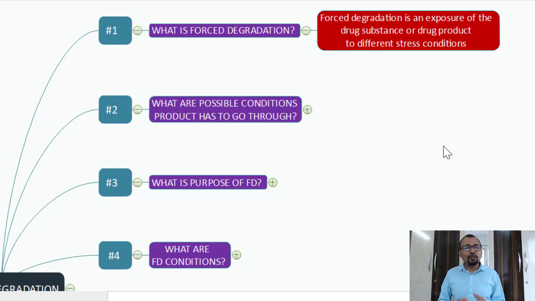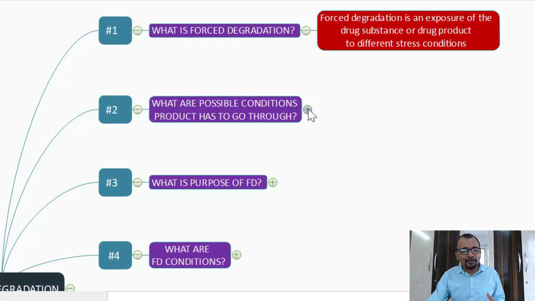They must also be relevant in terms of the product storage. Let us understand now under what conditions the API or drug product, once it is manufactured and still within its shelf life, may go through.